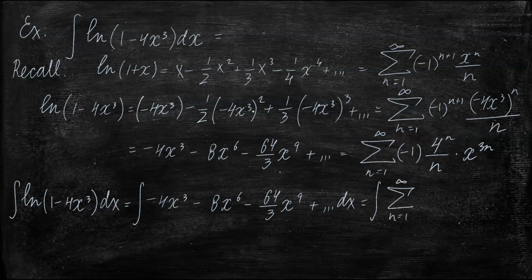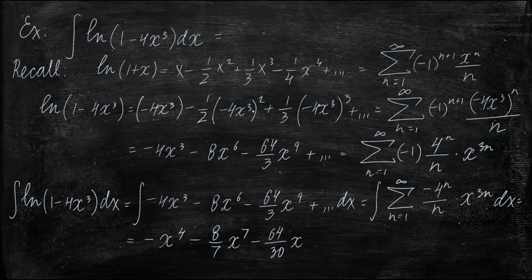So we have negative 4 to the n over n, x to the power 3n dx. So the first few terms of this will be negative x to the 4 minus 8/7 x to the power 7 minus 64 over 30 x to the power 10, etc. So these are just the first few terms of this series.